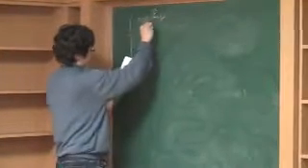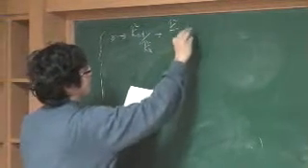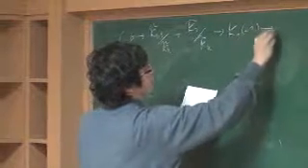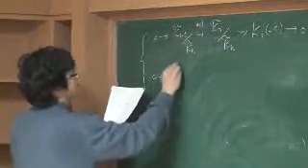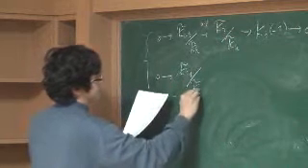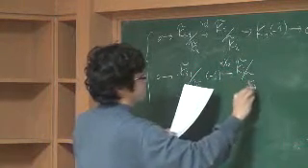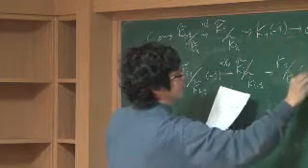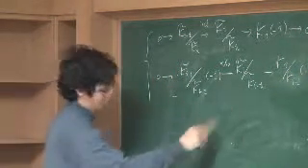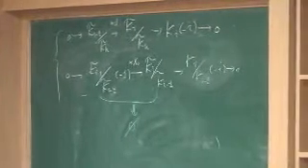So we have this sequence, which is just an inclusion, and this comes from the multiplications. This map gives our pi.